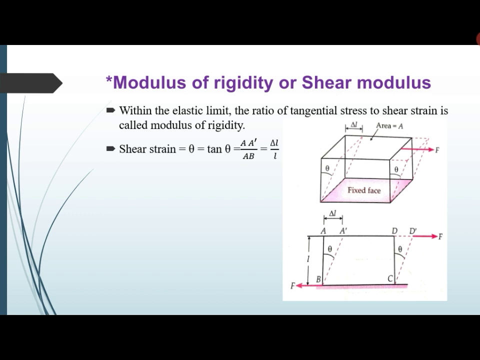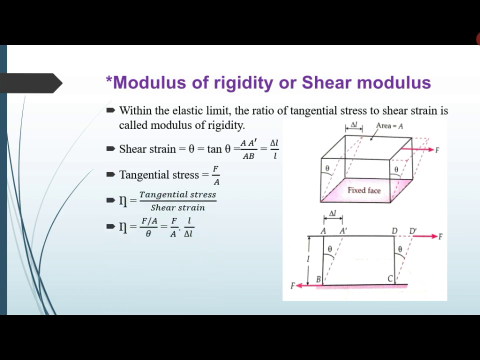So we are substituting the values, and the tangential stress is force upon area. So the modulus of rigidity eta is given by the tangential stress divided by the shear strain. F upon A is our tangential stress and shear strain is theta.